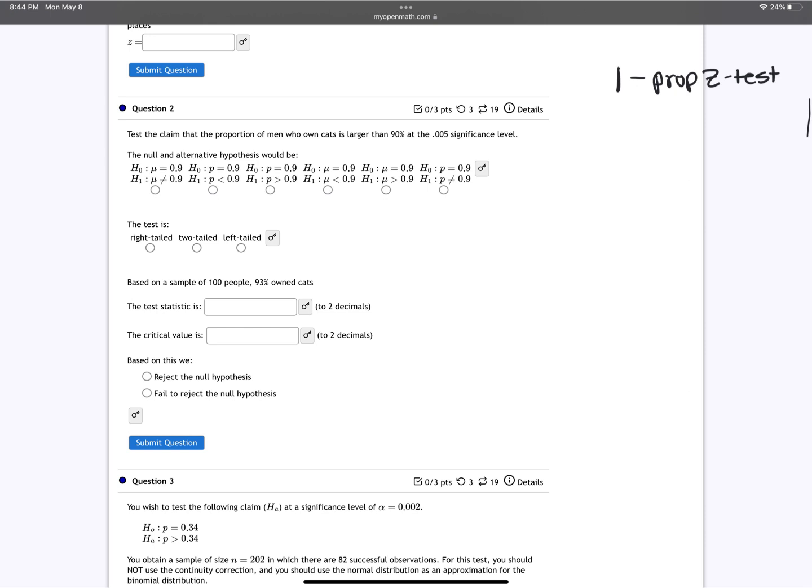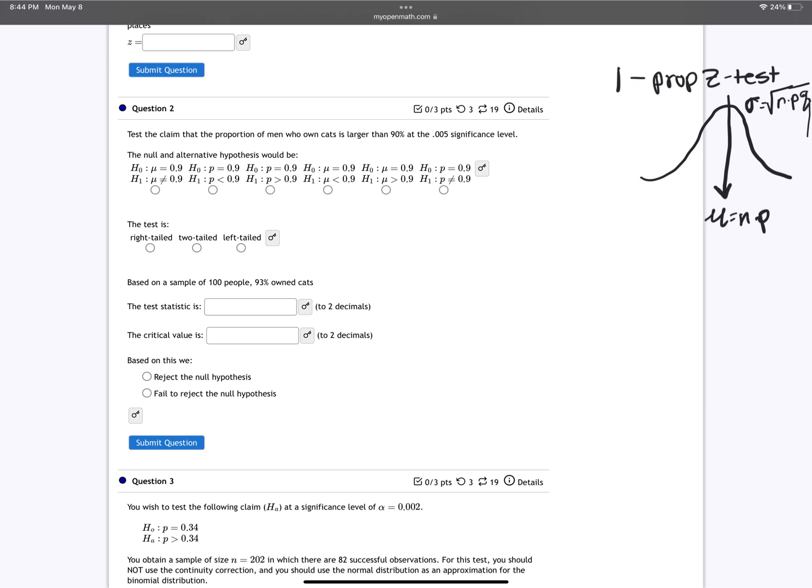Basically, we're using the fact that any binomial distribution approximates a normal curve, where the middle, the mean, is n times p, and the standard deviation of this approximation is the square root of n times p times q.